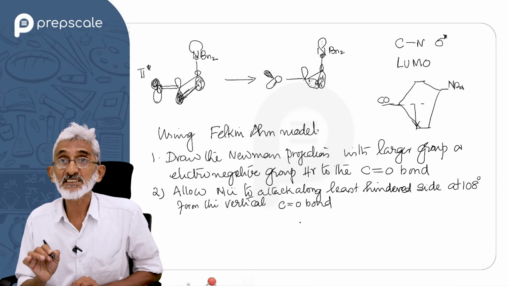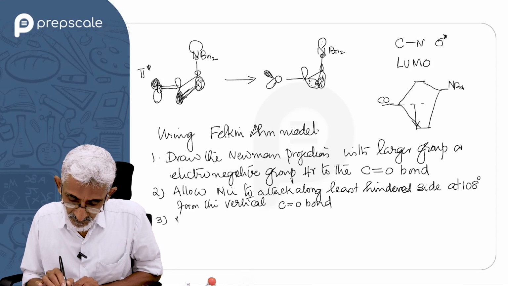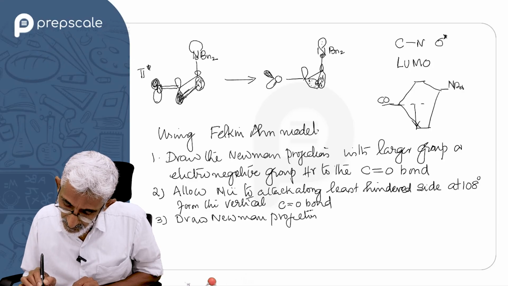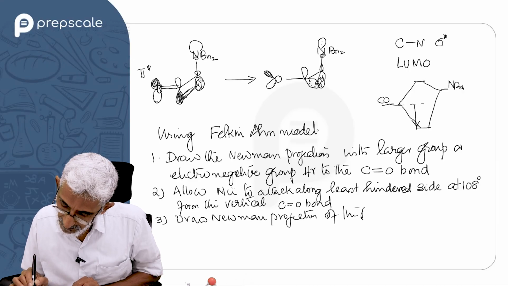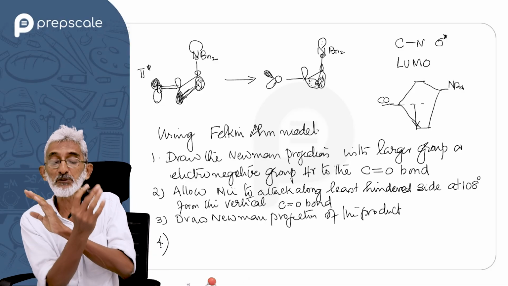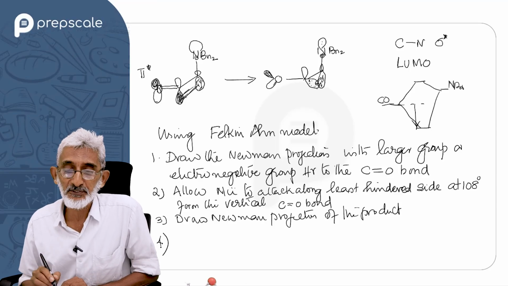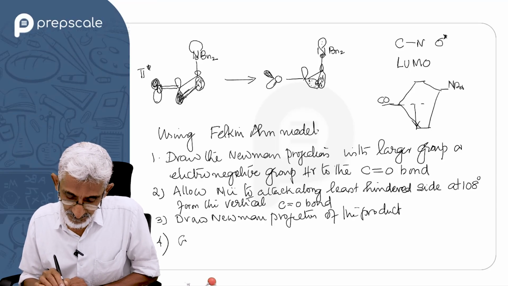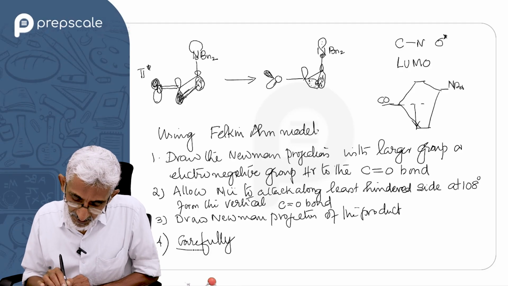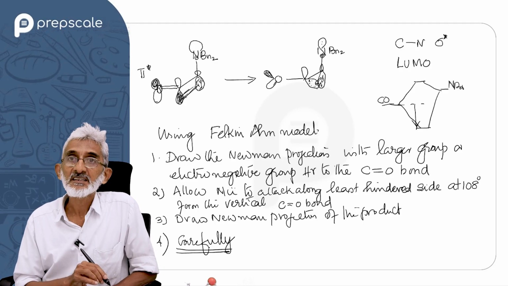Third, draw the Newman projection of the product. And what is the fourth step? This is the most critical step, rotating the molecule. Carefully flatten the molecule. Let me underline this.